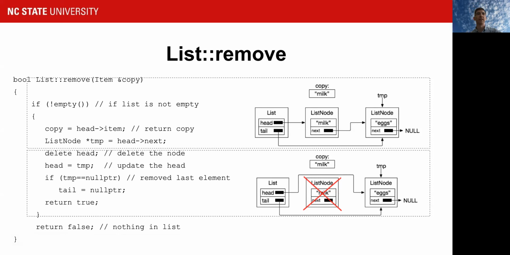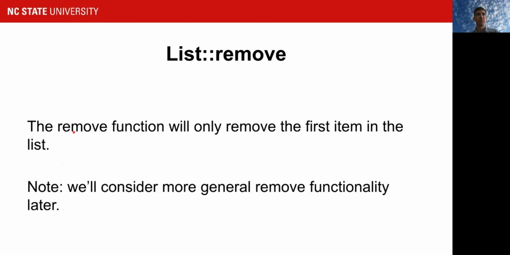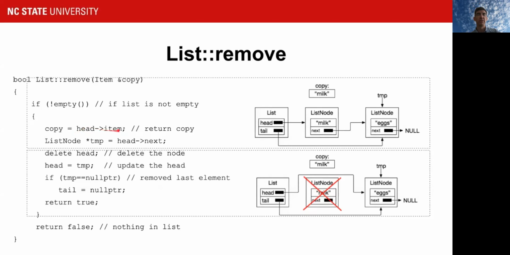And so the first couple of things I'll point your attention to is the fact that we have this variable called copy and temp. And so copy, we're going to get the item out of the head and store it in copy. This will in fact invoke a copy constructor to make sure that whatever's inside head, whatever's in this item object gets copied into this item we're passing in. I'm sorry, not the copy constructor, the assignment operator to copy everything over.